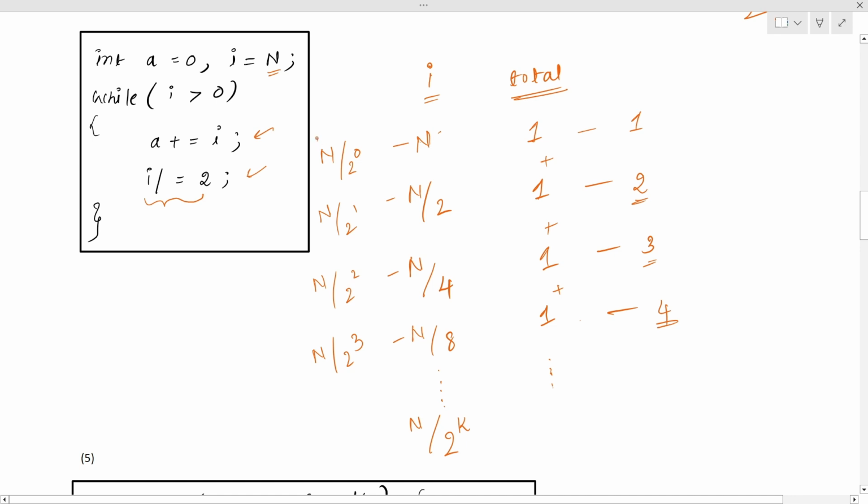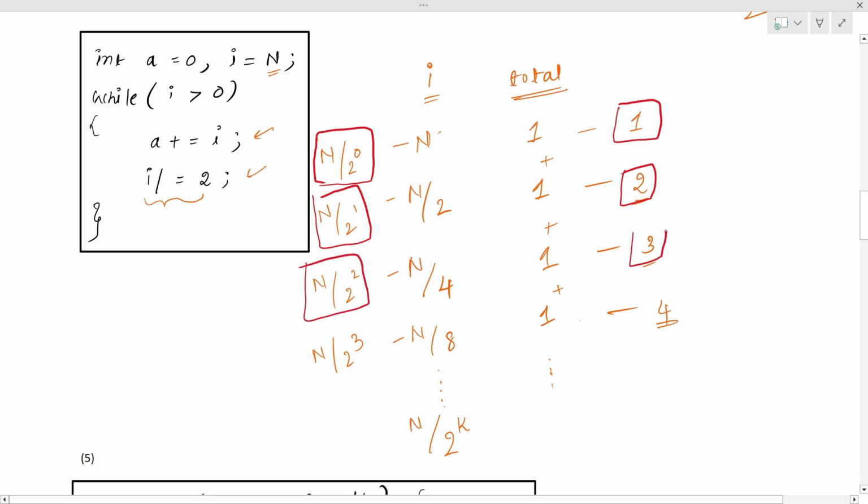So for n by, let me change the color, guys. You can clearly see here for n by 2 power 0, this part it is running one iteration, and for n by 2 power 1, you can clearly see by the time it has completed two iterations, and for n by 2 power 2 it has completed three iterations.